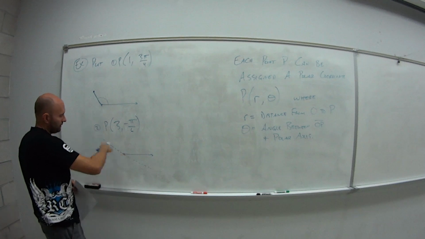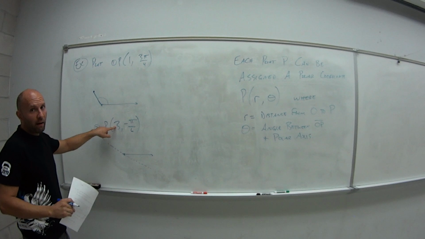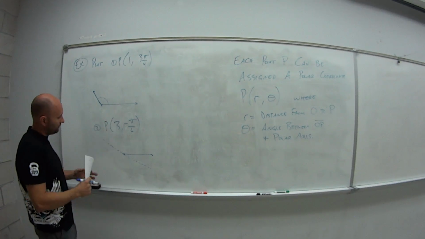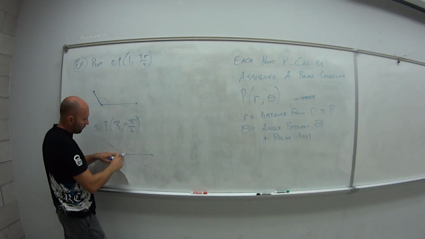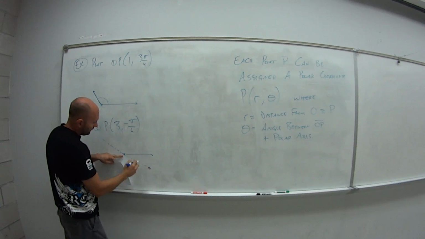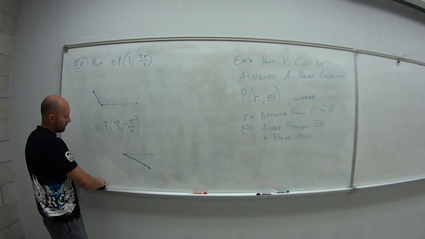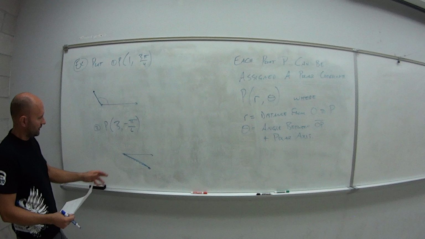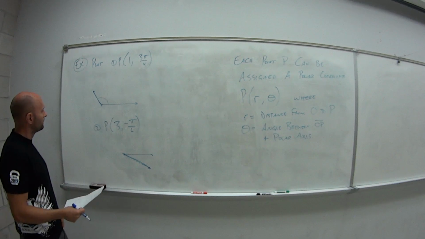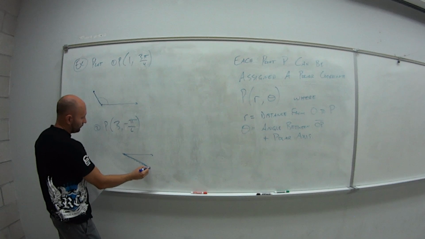So that line would be that dotted line. And then my distance is positive 3, which means whatever direction I moved, I'm going to move out 3 units in that direction. So it gives me that picture there, that sort of double blue line that I drew. So that's my point (3, minus pi over 6).